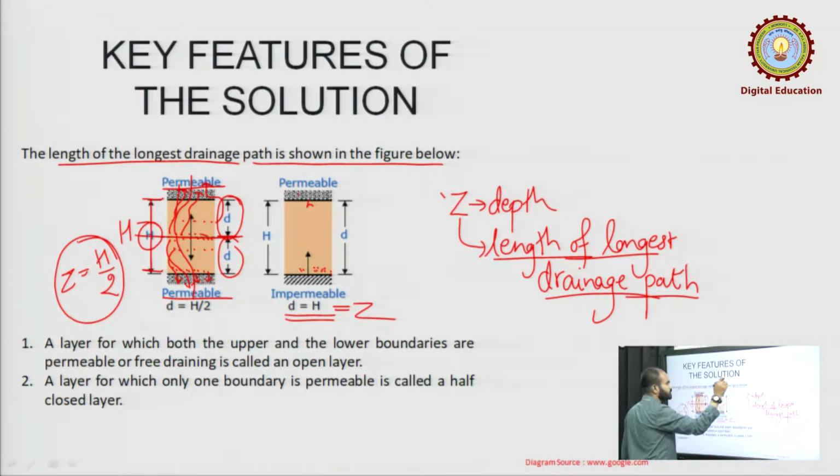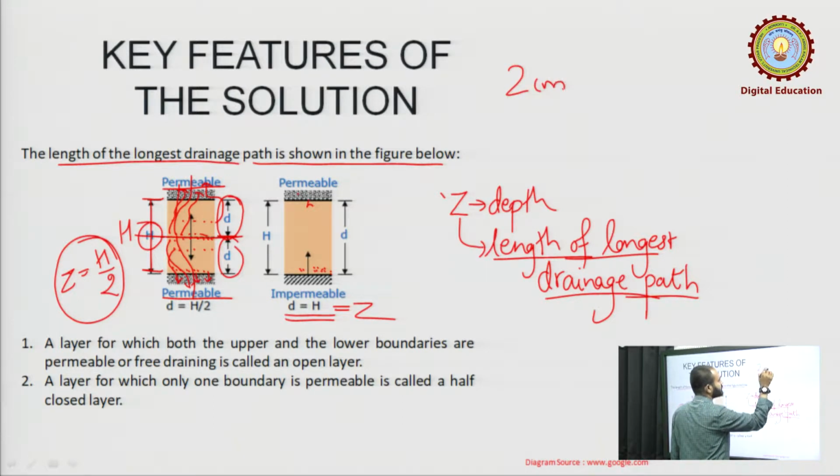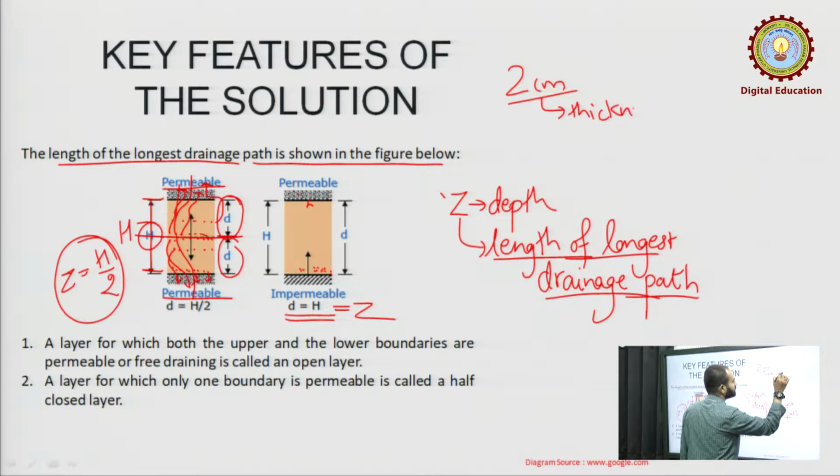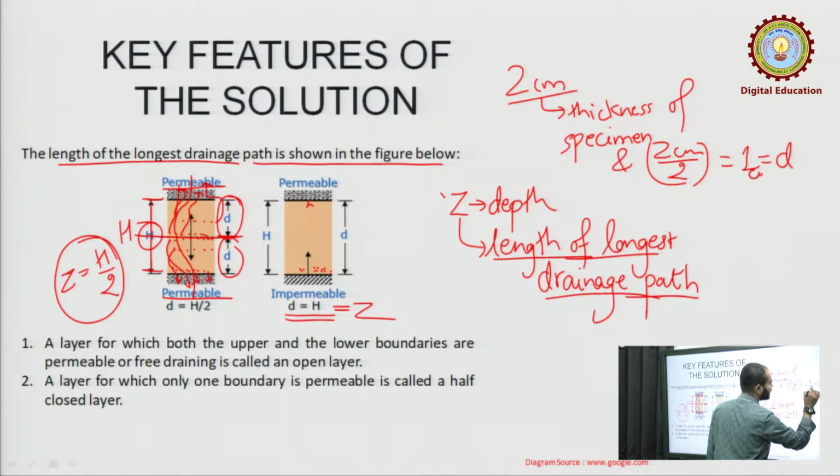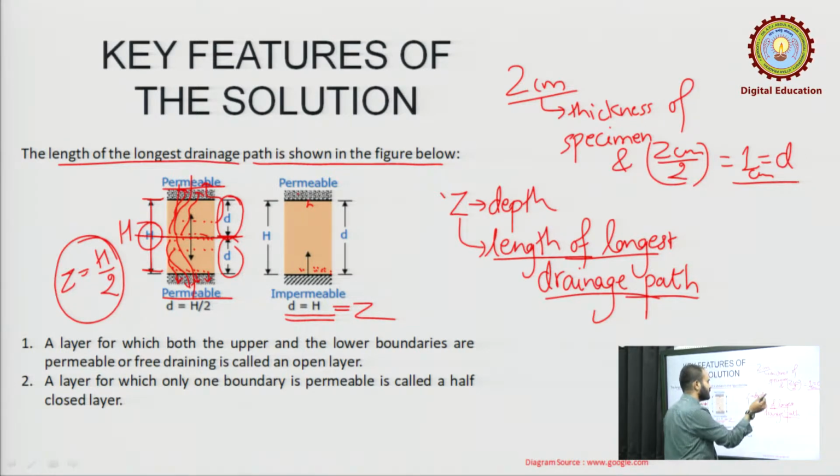I told you there is a 2 centimeter thickness of the specimen, and we took 2 centimeter by 2, that is 1 centimeter, as the value of d. So, the same concept, this is the main concept. And why we used double drainage only?